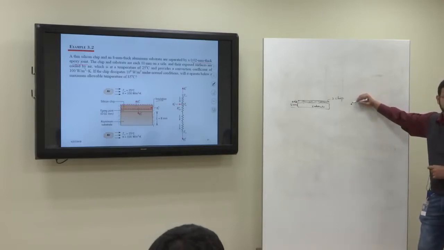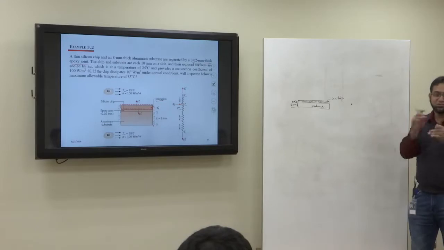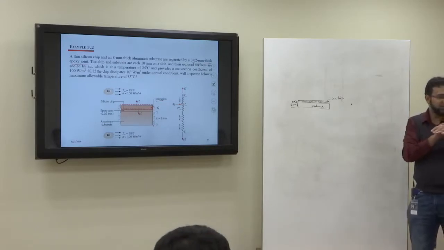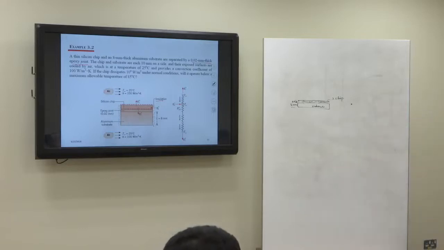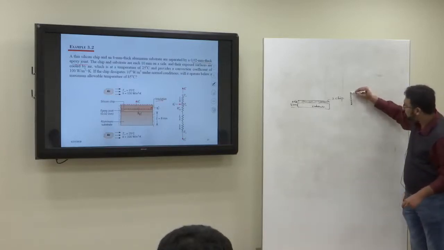What kind of resistance will be there? Not conduction. It's only convection. You have the chip, neglect its thickness, so above the chip you have just the air. So just convection, right? Above the chip you will have convective resistance.